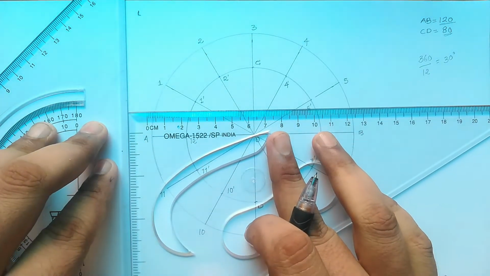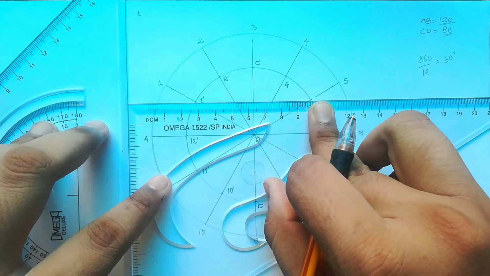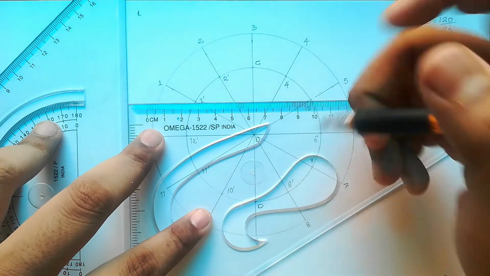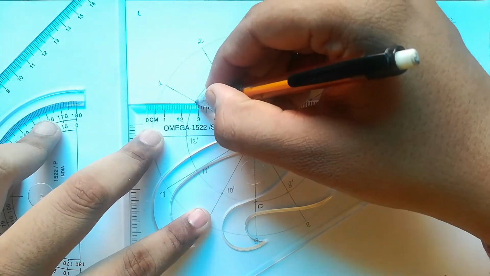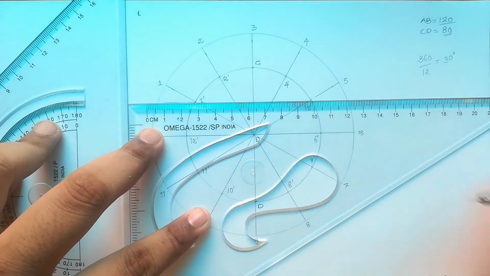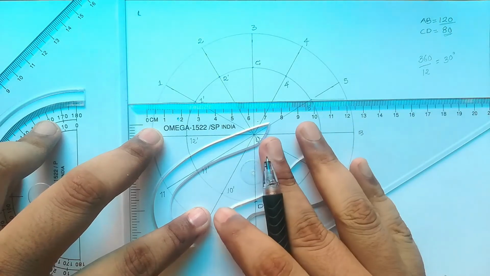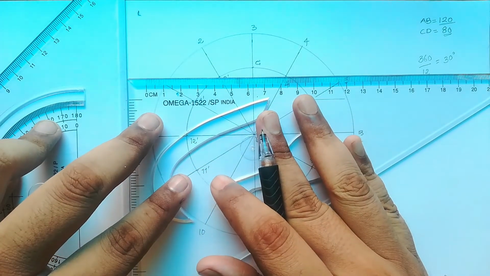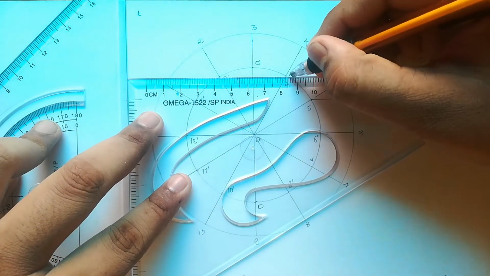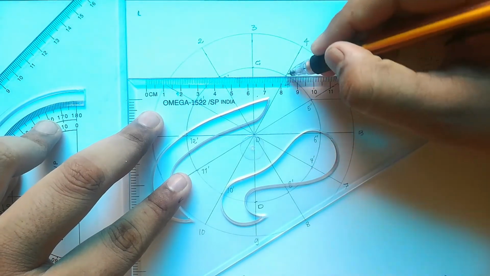If you observe, 1 dash and 5 dash are available on the same horizontal line, so I will mark one line over here. This is my horizontal line, and I will mark one line over here. This is my second horizontal line. In the same way, you can observe that 2 dash and 4 dash are available on the same horizontal line, so you can mark them like this.